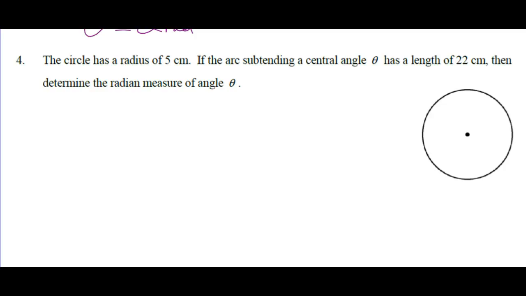It's Doctor Who Wednesday. The circle has a radius of 5 centimeters. If the arc subtending a central angle has a length of 22 centimeters. Is that more than half or less than half?